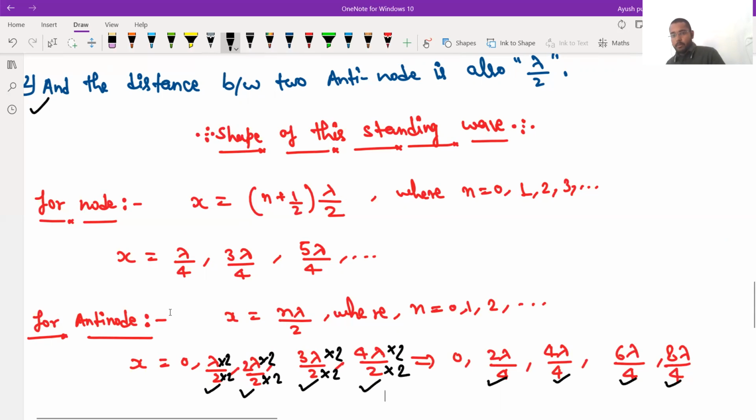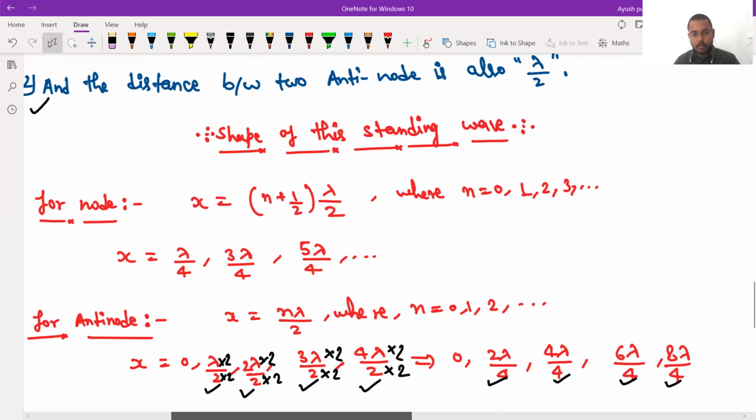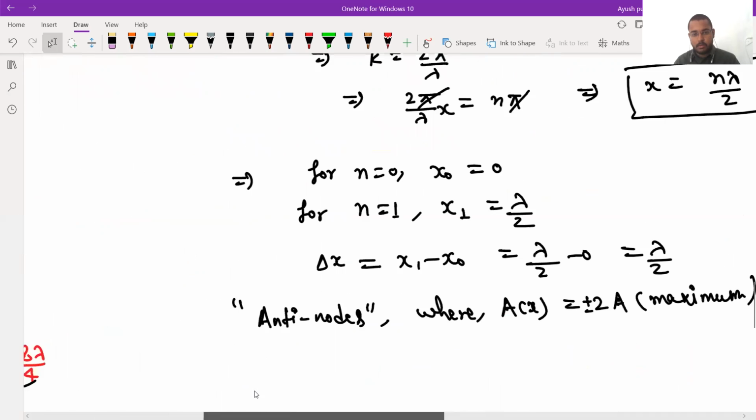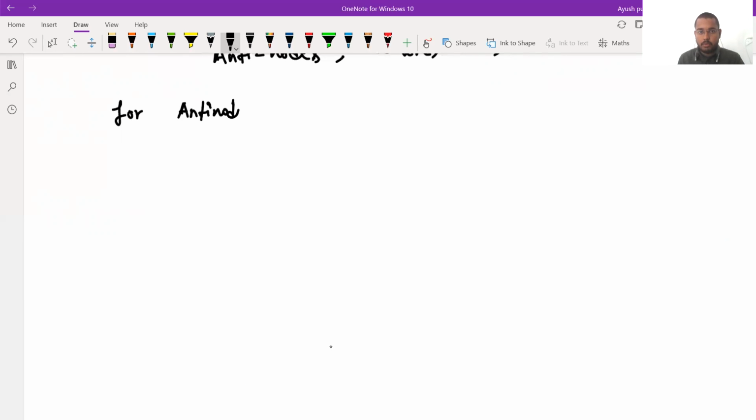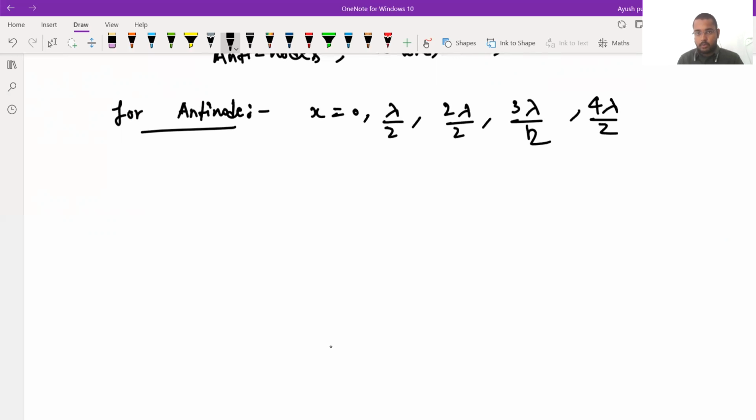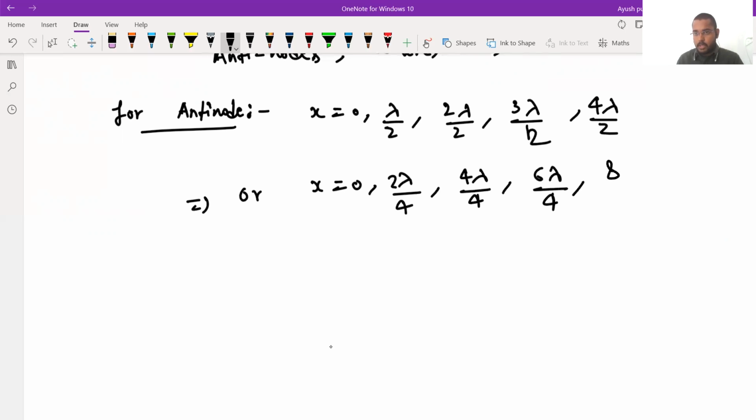Now let's take a string. I will try to draw it separately. Now you know some points. For antinodes, x equal to 0, lambda by 2, 2 lambda by 2, 3 lambda by 2, 4 lambda by 2, or x equal to 0, 2 lambda by 4, 4 lambda by 4, 6 lambda by 4, 8 lambda by 4.